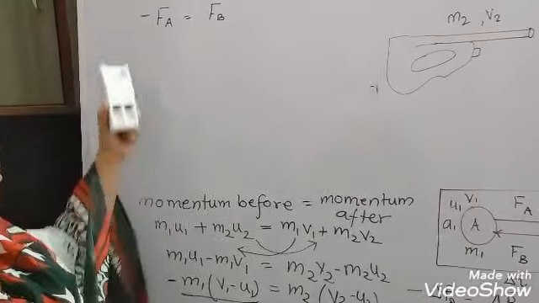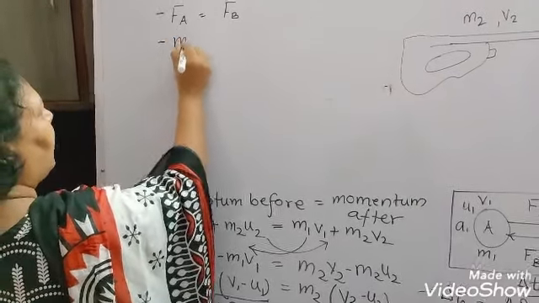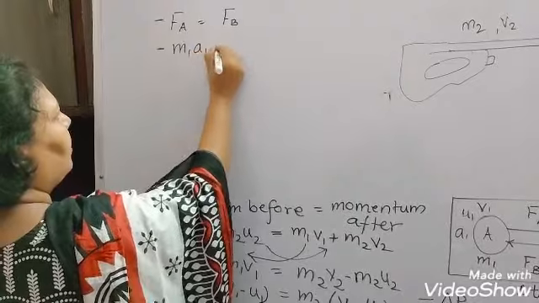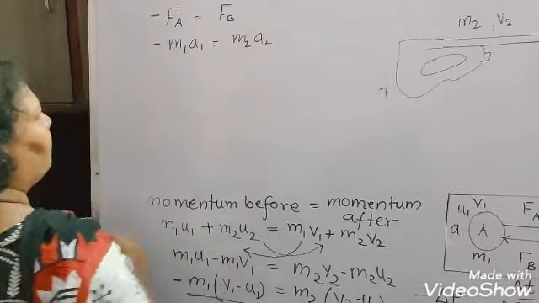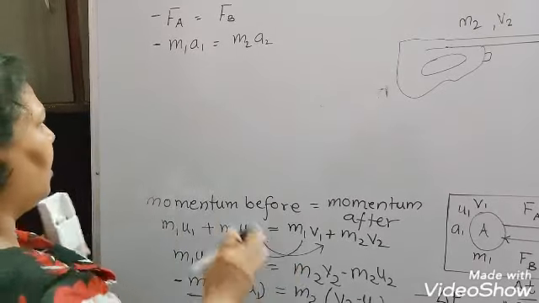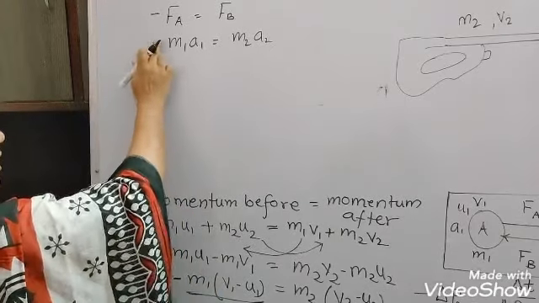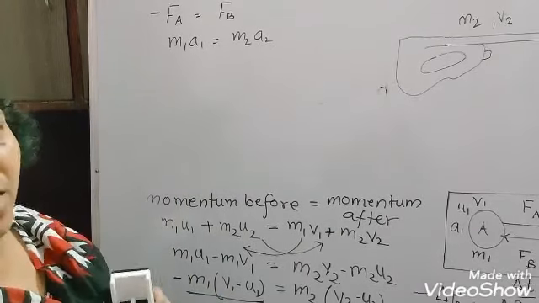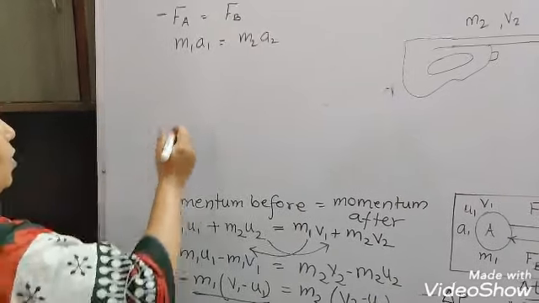So the force produced on body A can be written as M1 A1, and this can be written as M2 A2. If you just see the magnitude, I'm not taking the direction here, it will be equal to M1 A1 and it is equal to M2 A2.